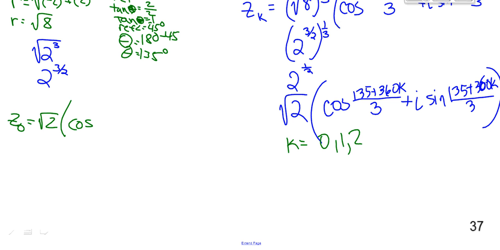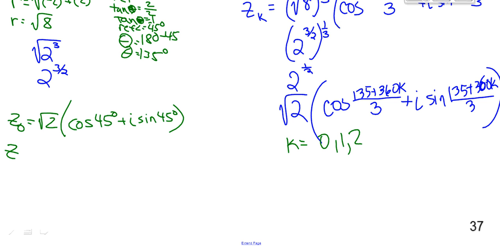It is 45. Do you agree? And do you remember what our reference angle was a few minutes ago? It was 45. So there's a relationship there. So cosine 45 degrees plus i sine 45 degrees.